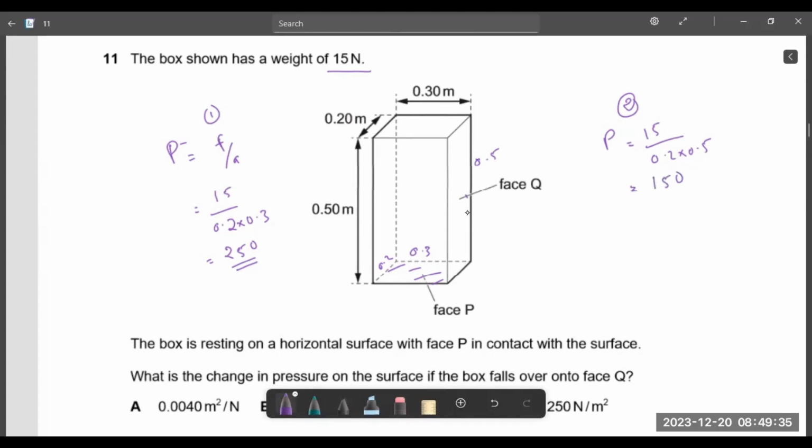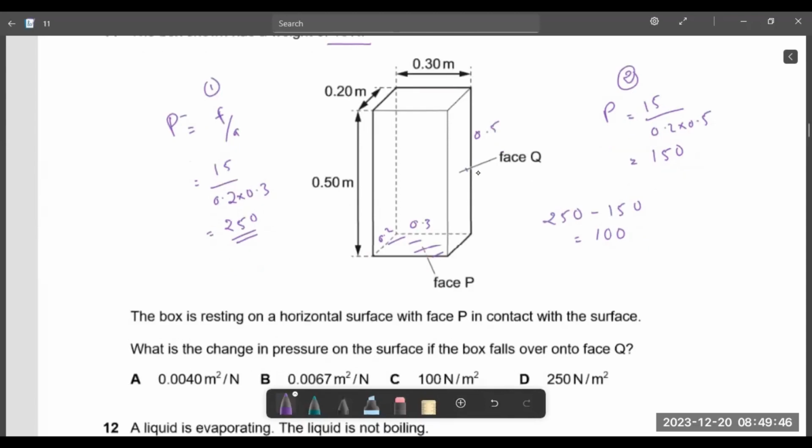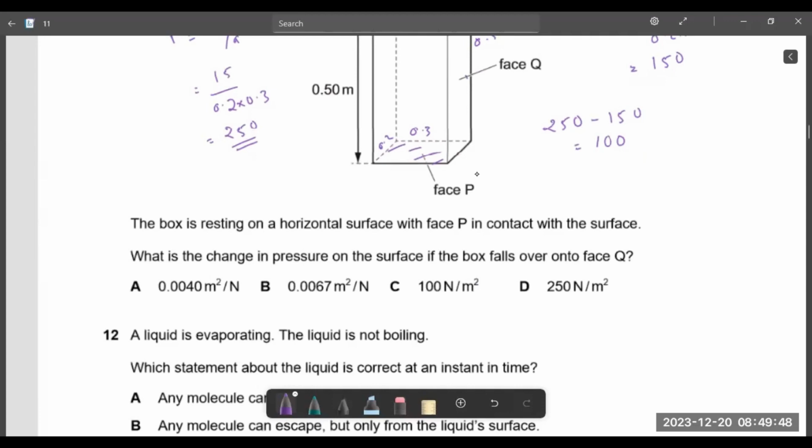And the difference is 250 minus 150, that is equal to 100. So the right choice is C, 100 Newton per meter square.